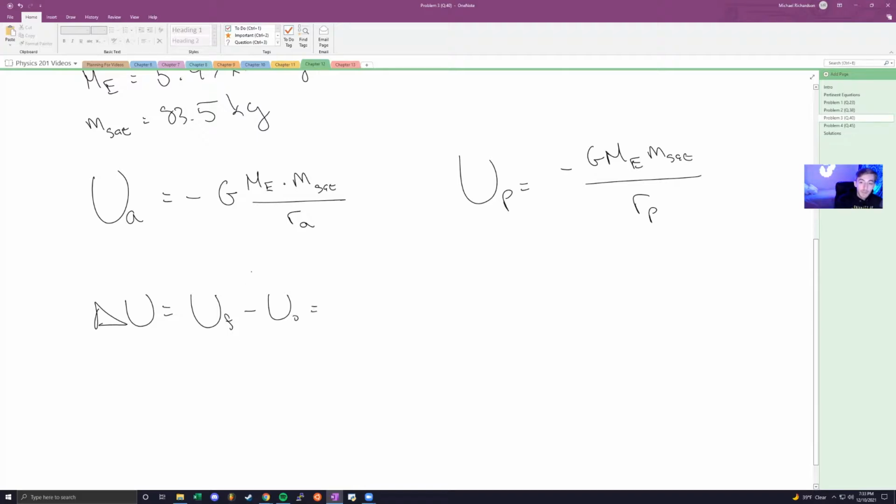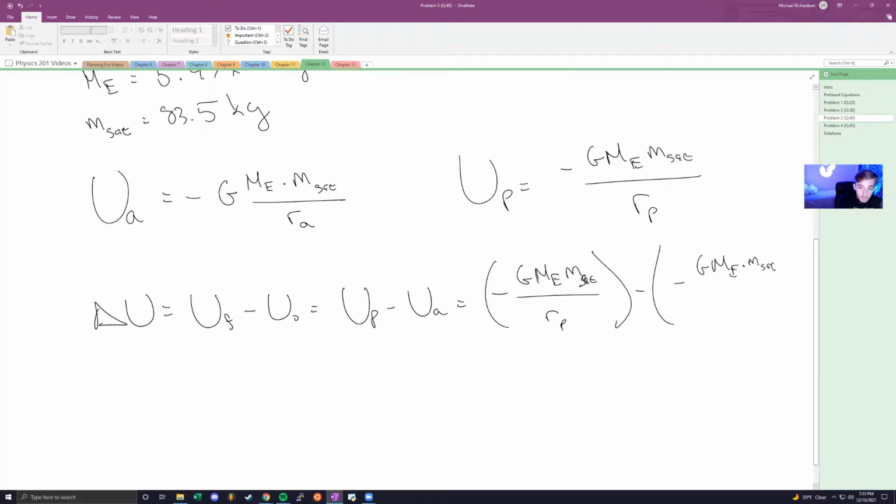And it's saying that we're moving from apogee to our perigee. So we're going to say that this is U of p minus U of a. And making our substitutions, we get negative G M_E times the mass of our satellite divided by that separation, minus our negative G mass of Earth times the mass of our satellite divided by our separation.